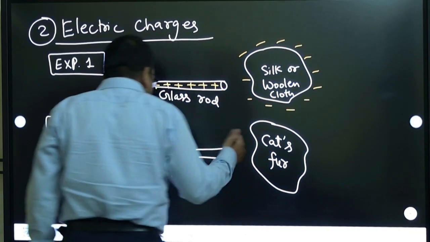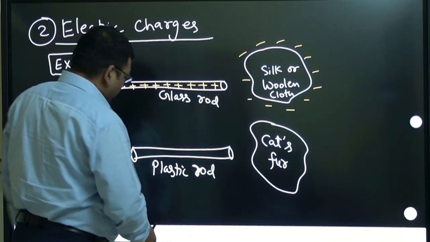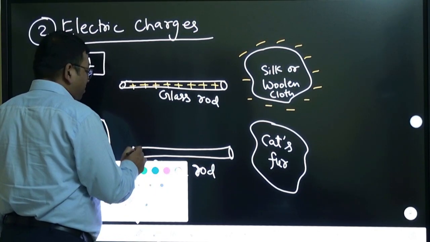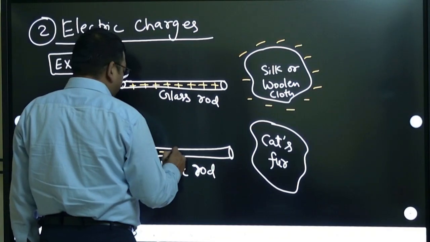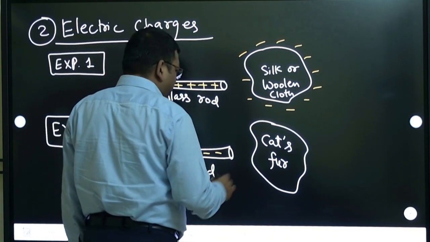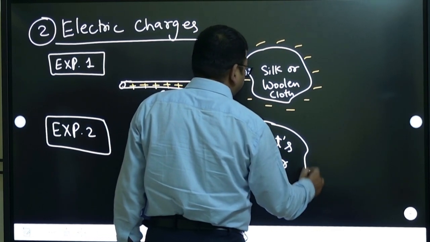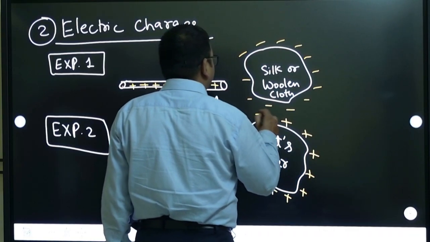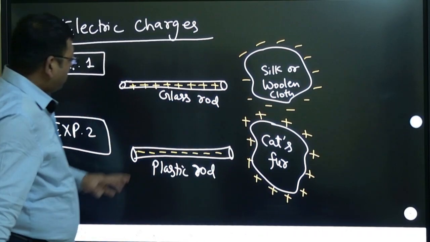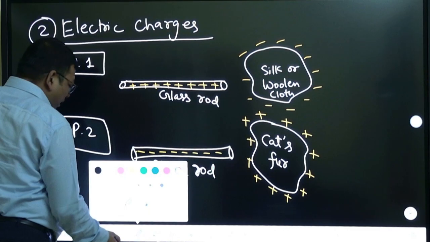So they again rubbed against each other and they developed charges. This time it was found that it is developing another kind of charge: negative here, and positive here, like that.